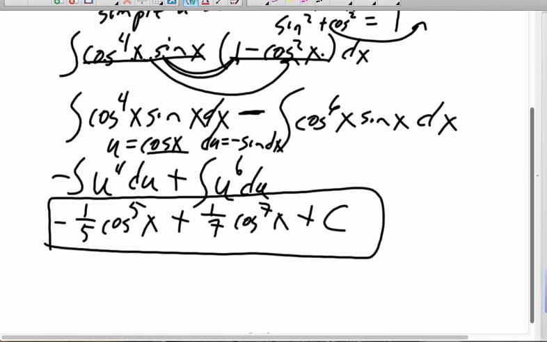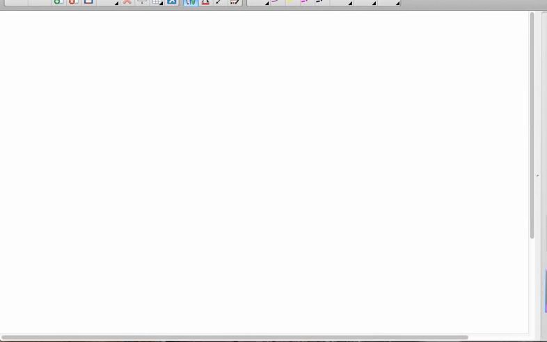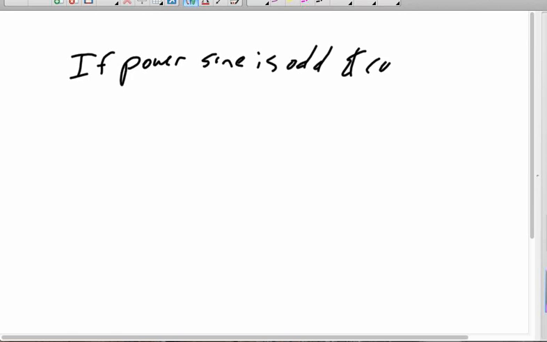So the trick here is to remember that if the power of the sine is odd, then cosine is even.